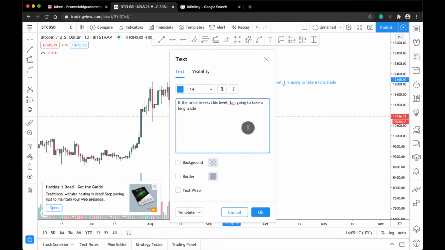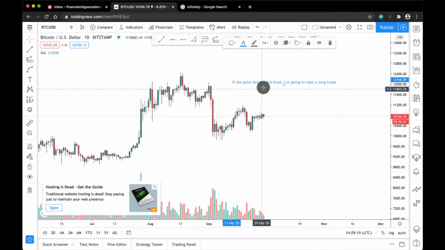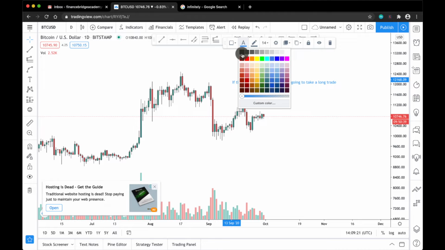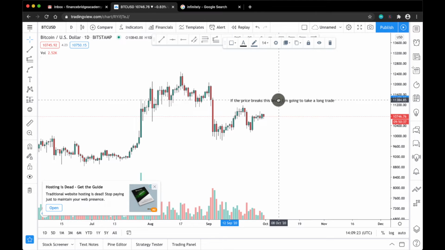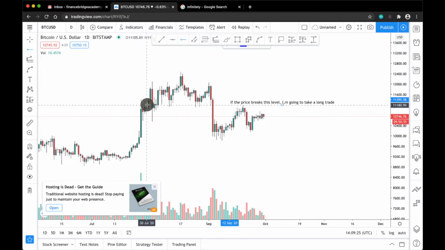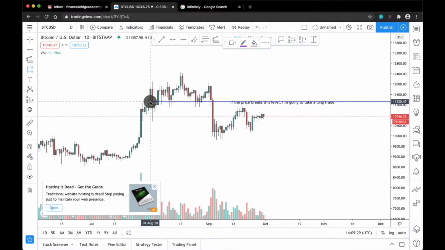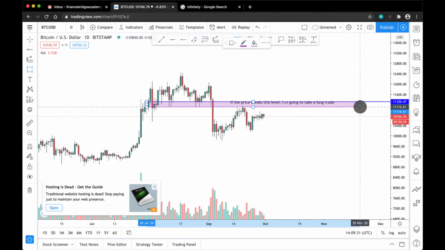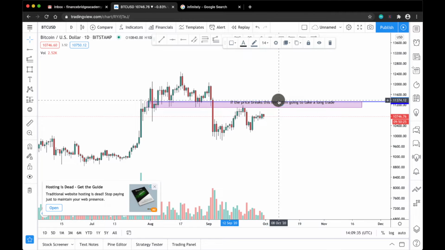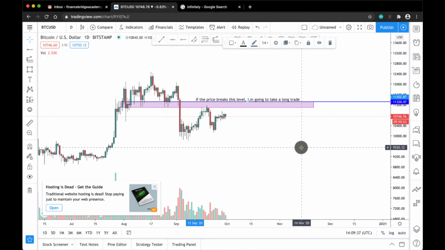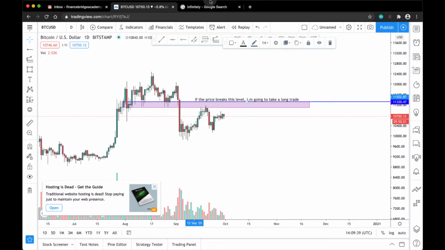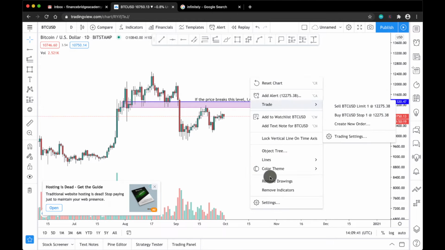So that's for text. You can easily put it here, and you already put your resistance level, and then you don't forget: price breaks this level, I'm going to take a long. So that's basically what you use text for. So let's clear this out again.